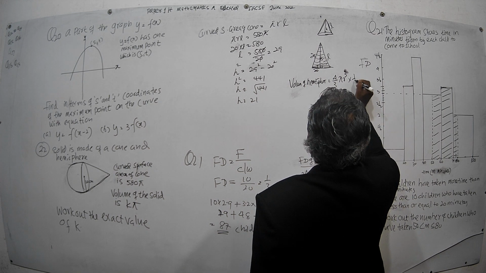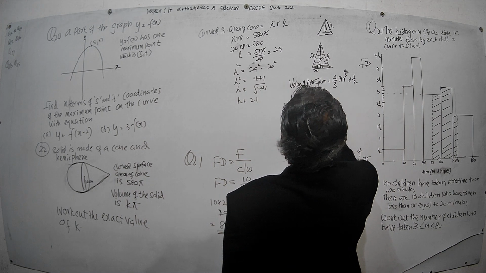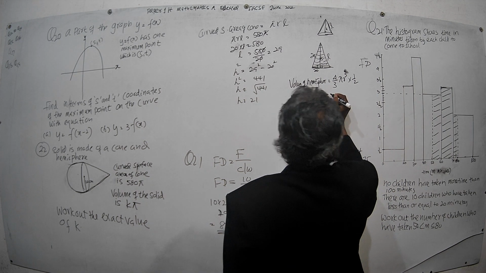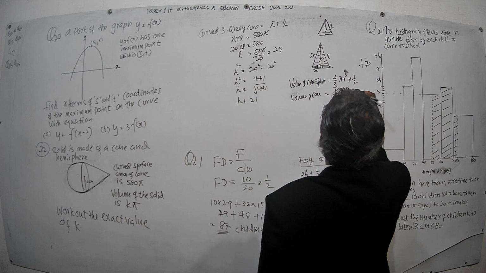The volume of the cone is 1/3 pi r square h, and we found h is 21.